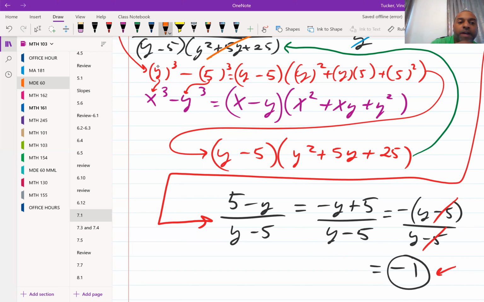So what I could do is factor out -1. That's what's happening here. When I do that, I'll be left with y minus 5. When the y minus 5 is canceled, it'll leave you with just -1.